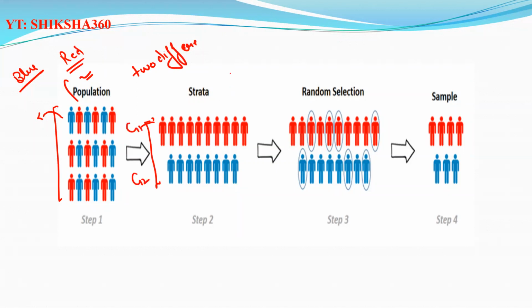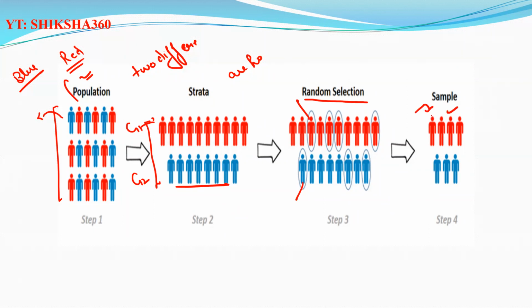All the elements under G1 are homogeneous, all are the same. Similarly, all the elements under G2 are homogeneous, but G1 and G2 are different. What we have to do here is random selection from each group, and this is our sample.